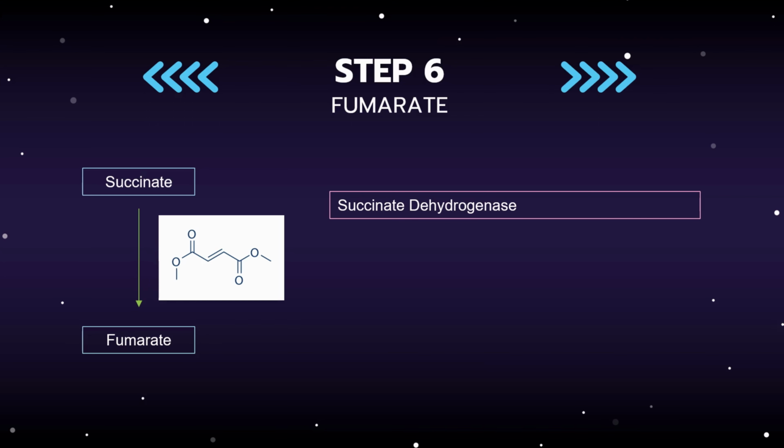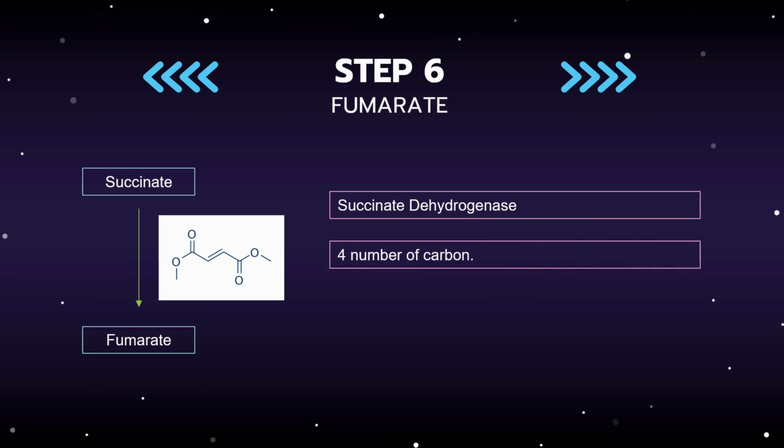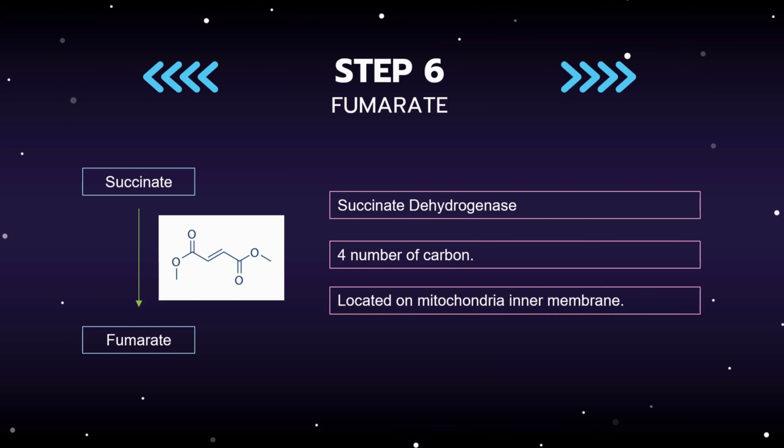FAD is converted to FADH2 and succinate is converted to fumarate. FAD is used here as it requires less energy change to get reduced to FADH2. Fumarate has 4 carbons. It is the only enzyme located on the mitochondrial inner membrane.